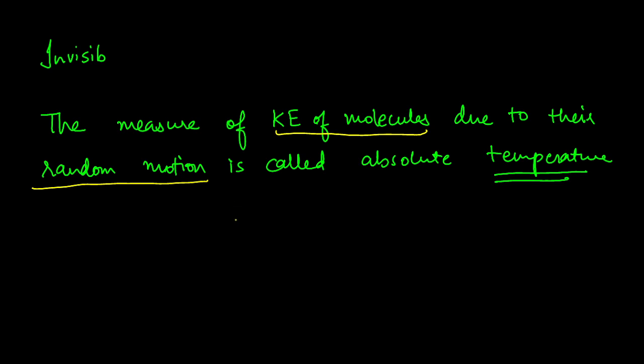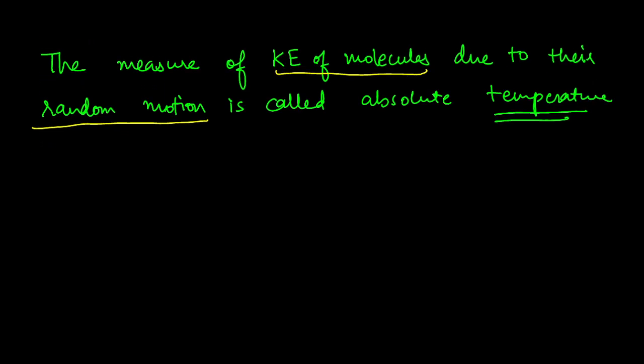This definition of temperature is much better, right? It's a measure of the kinetic energy of the molecules due to their random motion. So random motion is very important here. Let me give you an example. Suppose this is a vessel. Let's say there's some gas in it. Closed vessel. Now this vessel itself is stationary.